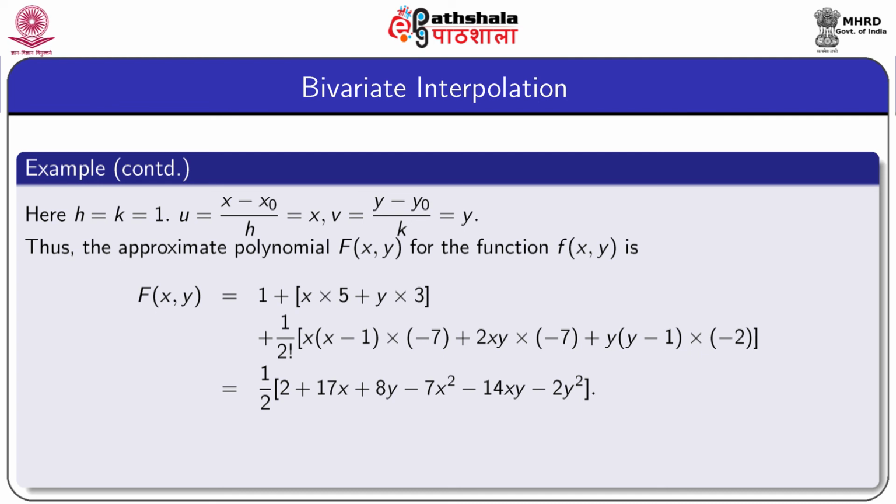After simplification, this expression reduces to half into 2 plus 17x plus 8y minus 7x square minus 14xy minus 2y square.